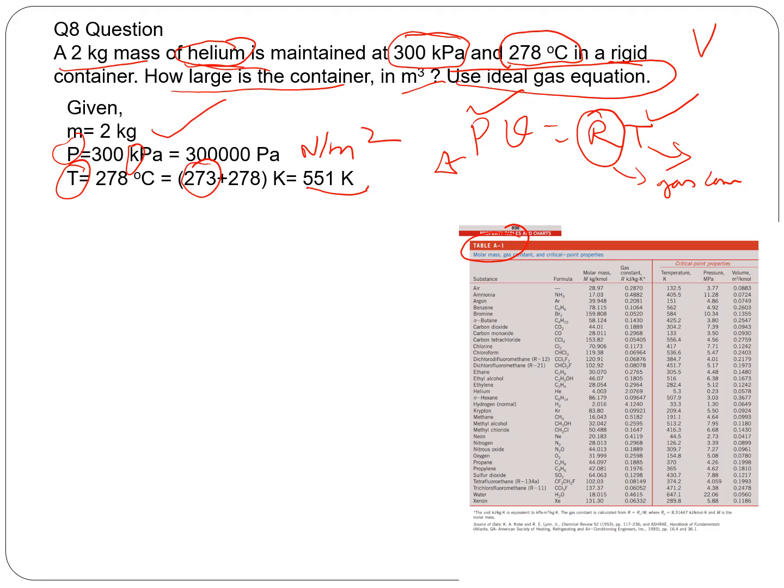So helium is here. This is the value of R, and again you see the unit. R is in kilojoule, 2.0769 kilojoule per kg per Kelvin. So convert even this kilojoule to joule, so everything is in the basic unit and you don't have to worry about it.